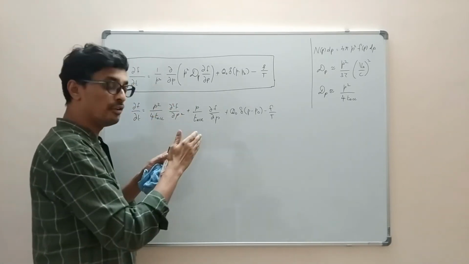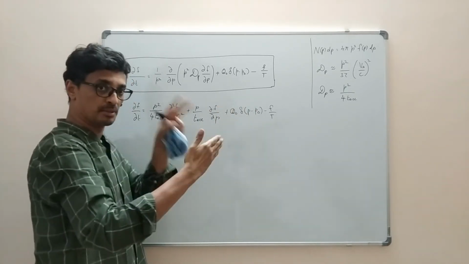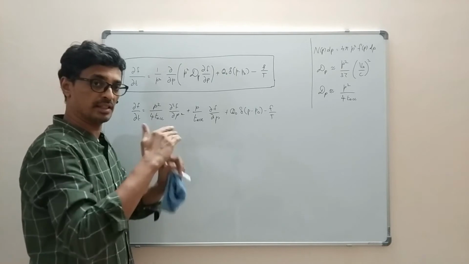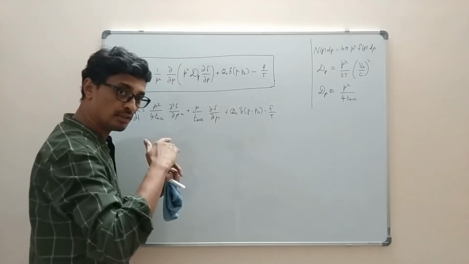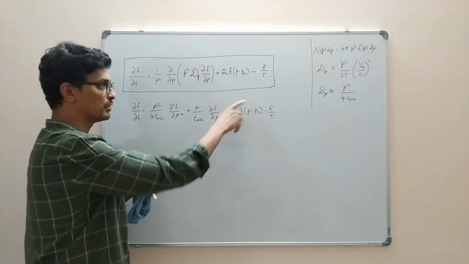And then we want to look at the distribution which is greater than P0, because P0 is the injection energy. So when I take P greater than P0, this term will go off.